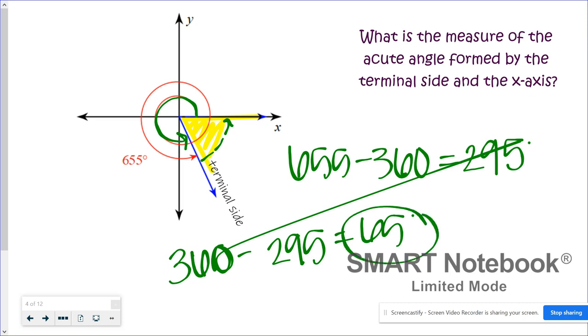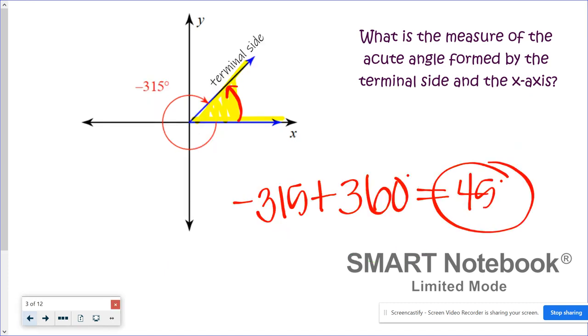Okay, so what you just witnessed here is some reference angle rules and tidbits. Clearly if the angle's too big, like it was here, or too small like it was here, we should go coterminal and add or subtract 360, okay?